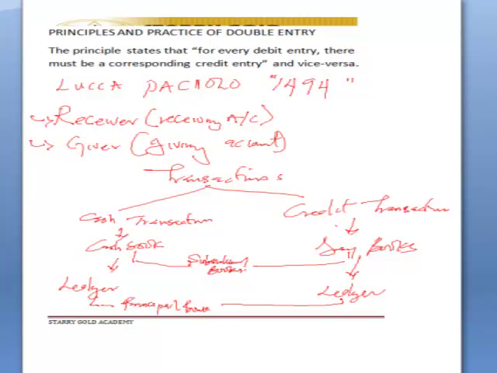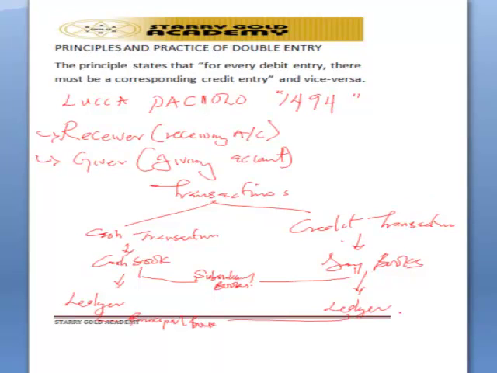Okay. So irrespective of the transaction, the double entry principle must be adhered to. There must be a giver and there must be a receiver.